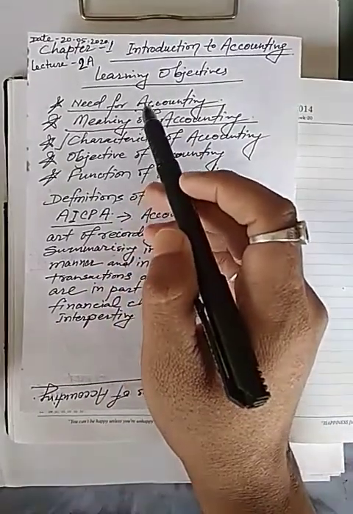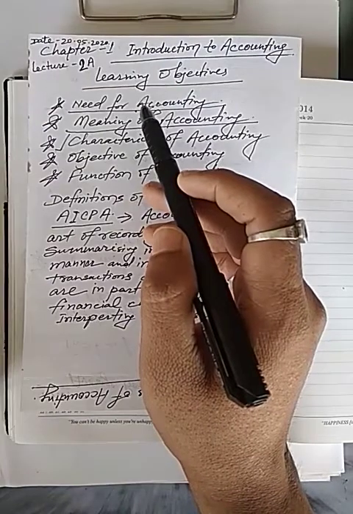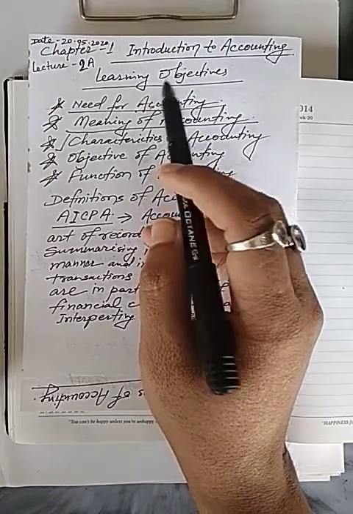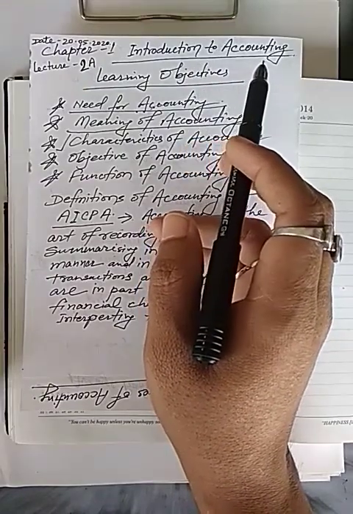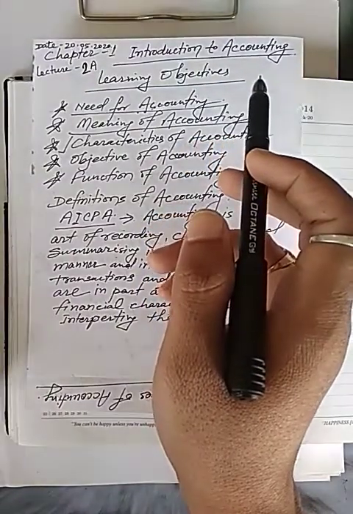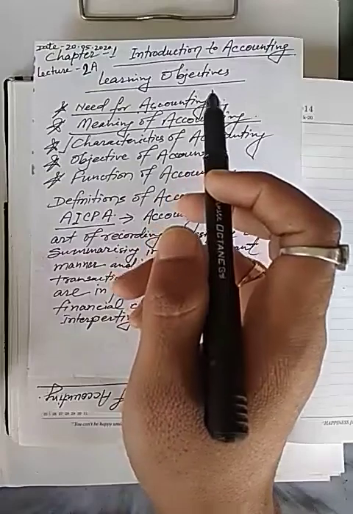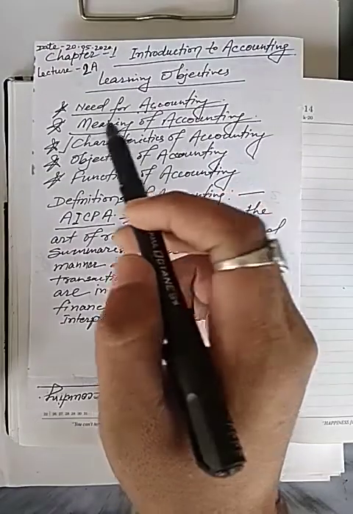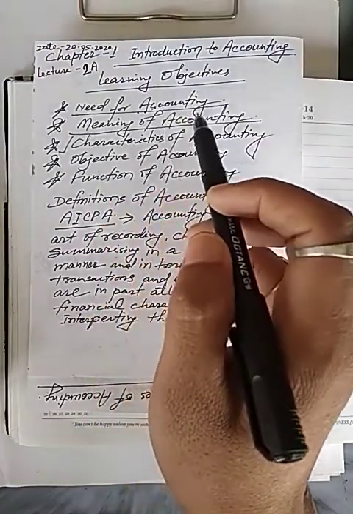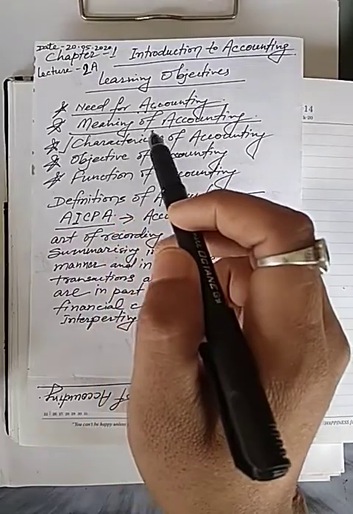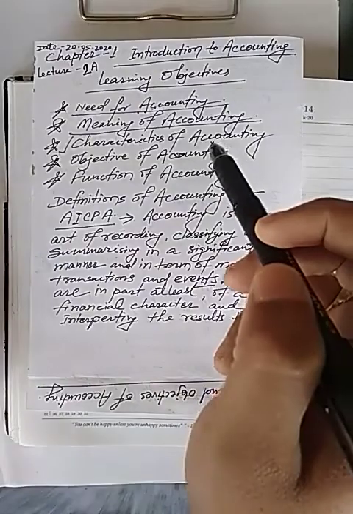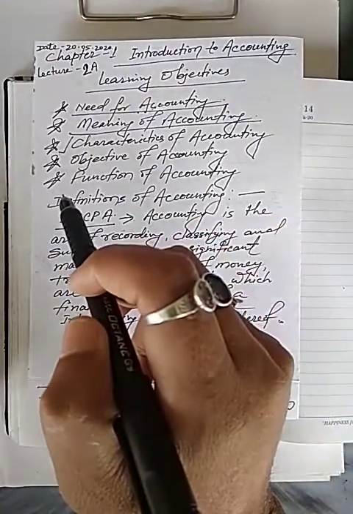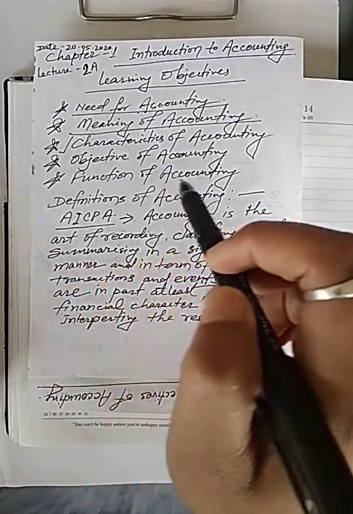In my previous video, I explained chapter number 1, Introduction to Accounting, and the learning objectives of this chapter were need for accounting, meaning of accounting, characteristics of accounting, objective of accounting, function of accounting.